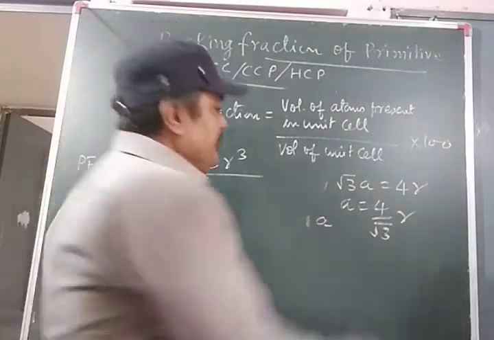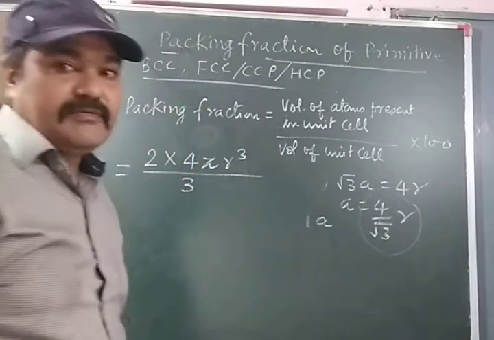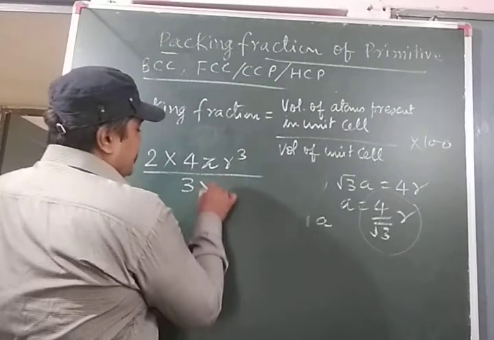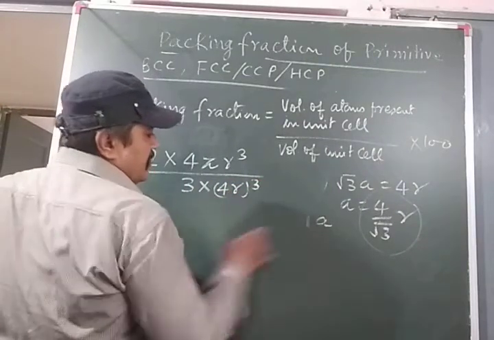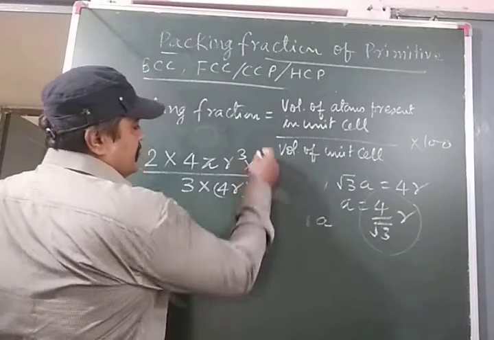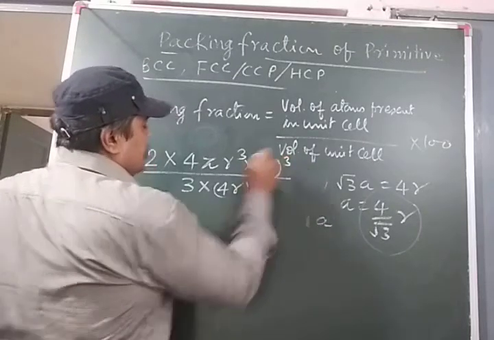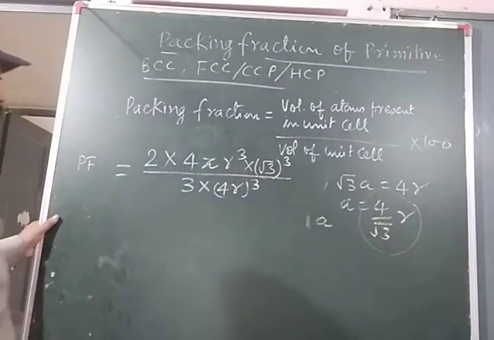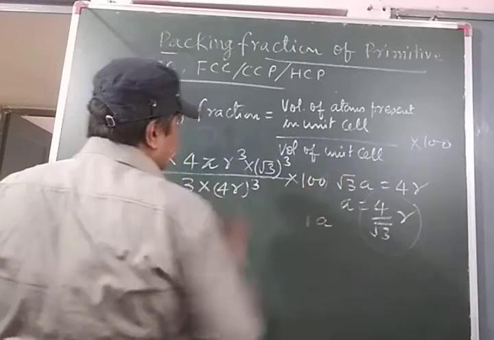In place of a cube, I am going to put the cube of this one. Okay. So here cube of 4r will come in the numerator, cube of √3 multiplied by 100 to find out the percentage.